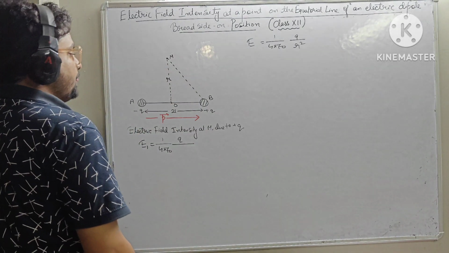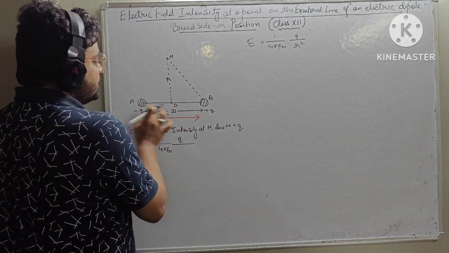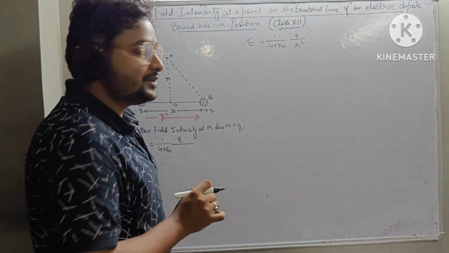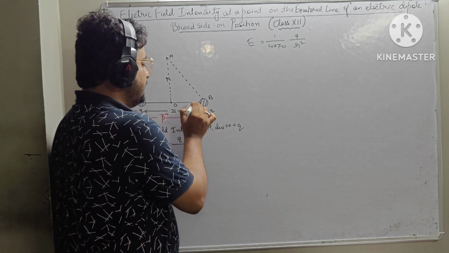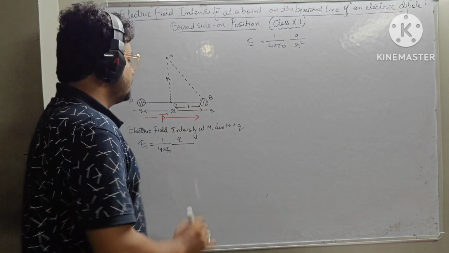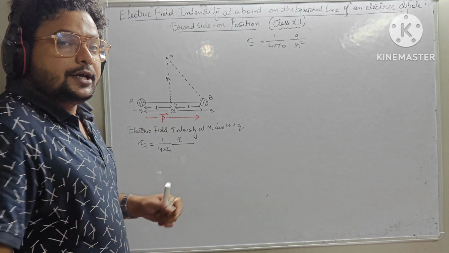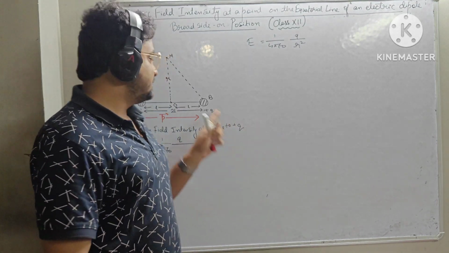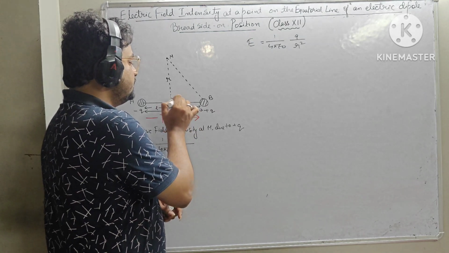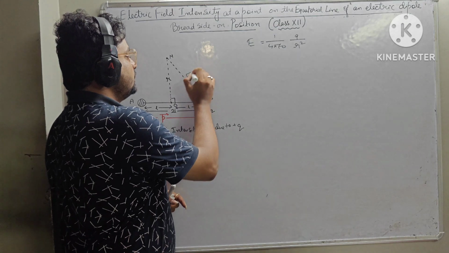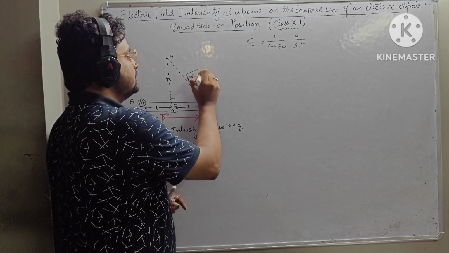Now what is this distance? If this is 2L, then point O is the midpoint of the electric dipole, so this particular length is L, and this is also L. Now you can use Pythagoras theorem. This is 90 degree. This is r, this is L. So the hypotenuse is going to be root over r square plus L square.